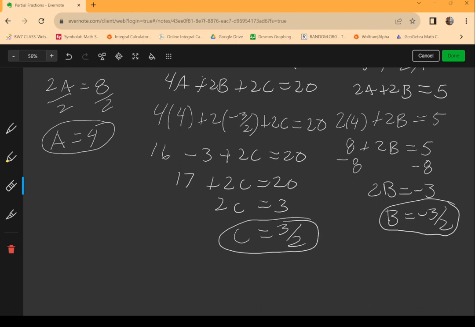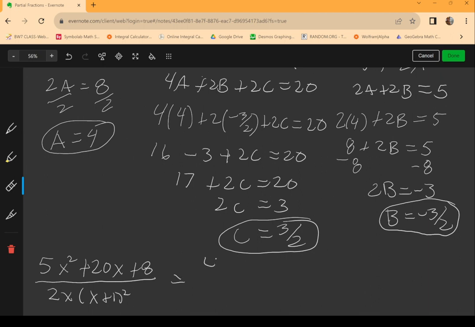All right, so now we have our constants a, b, and c. And that means we have our partial fraction decomposition here, right? We have 5x squared plus 20x plus 8 over 2x, x plus 1 squared.